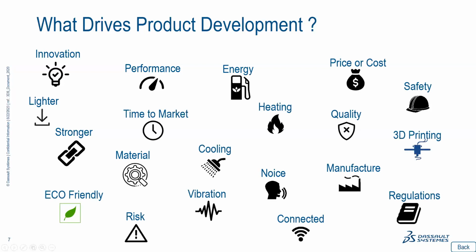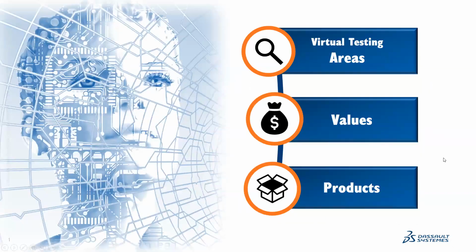Okay. So we have a brief overview of what the simulation is, and what are really the main values that simulation brings to product development. So now let's see some areas of application where we can use the simulation.